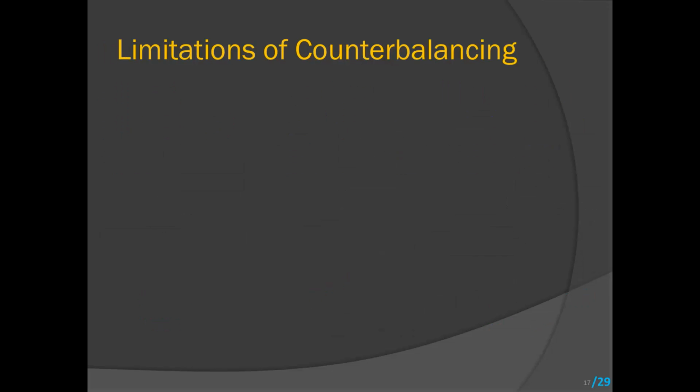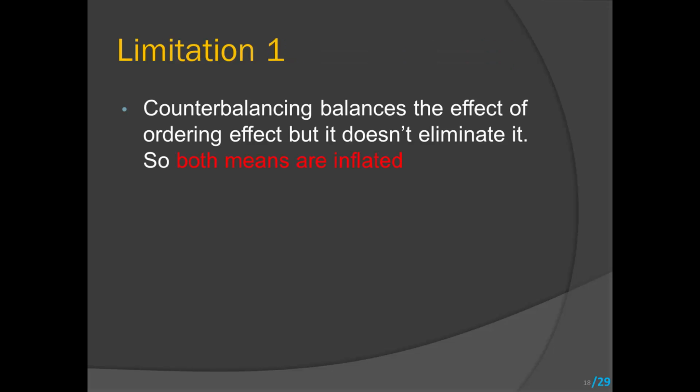However, we need to know the limitations of counterbalancing. First, counterbalancing, although it balances the order effect, doesn't eliminate it. So we just make it equal for both groups, but it doesn't mean that we eliminate the actual order effect, and so both means are inflated.